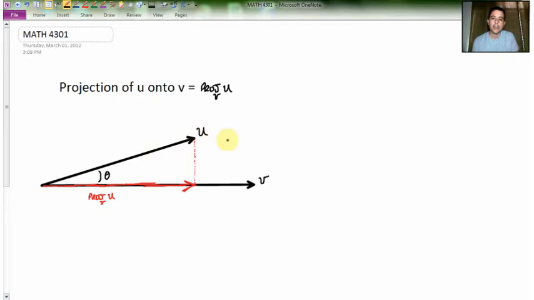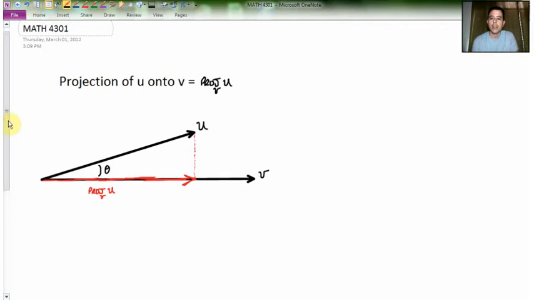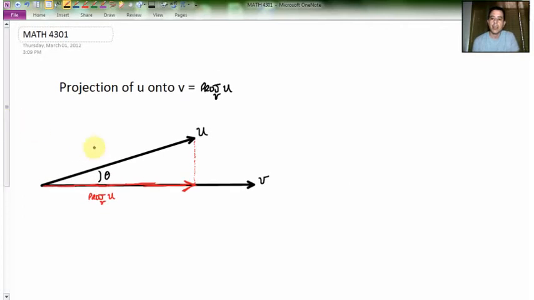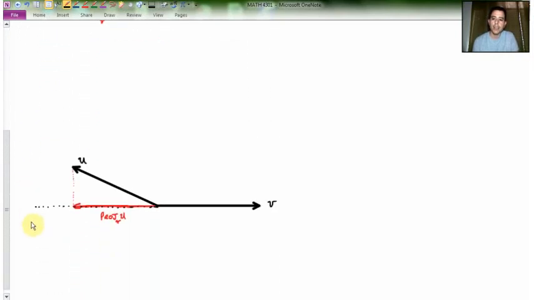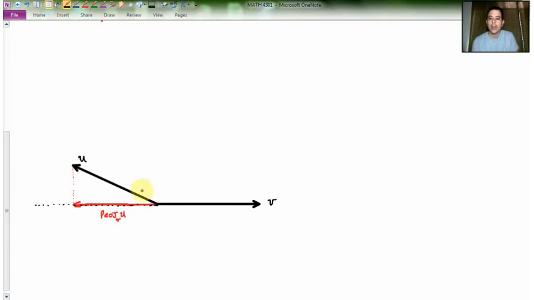Here we have two vectors u and v, and the projection of u onto v is going to be this red vector here. So the projection of u onto v is another vector, and that's the diagram of the definition. Now here it's one case when the angle between the two vectors, theta, is less than 90 degrees, but we could have another situation like this, where the angle is greater than 90 degrees.